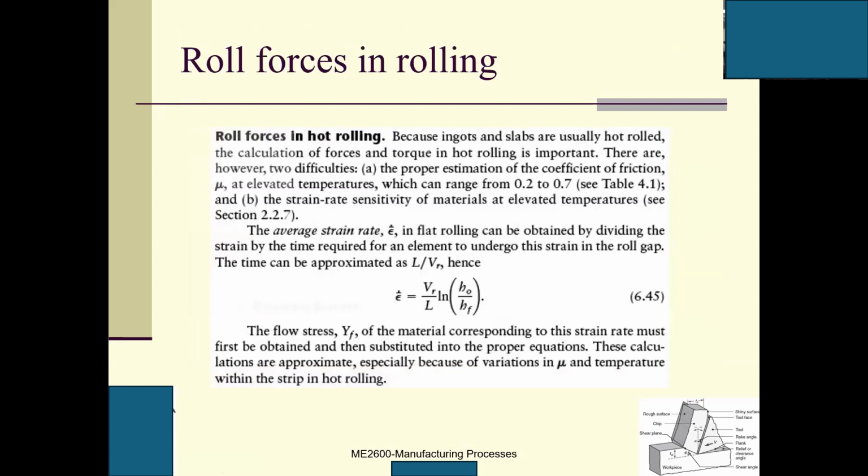In hot rolling, we introduce an average strain rate epsilon dot using this equation. H0 is the initial height, Hf is the final height, VR is the rolling speed of the roller, and L is the length.